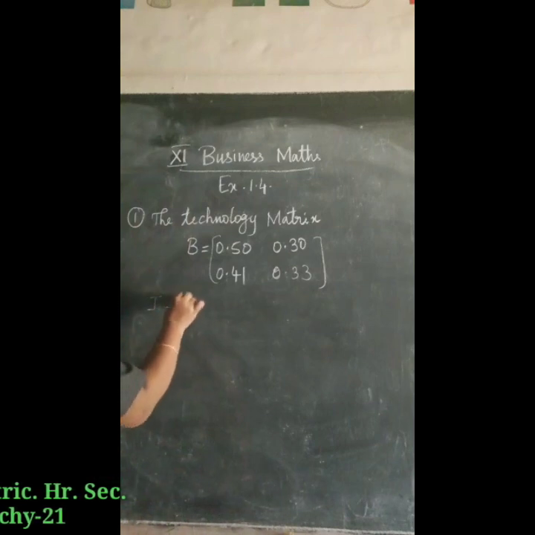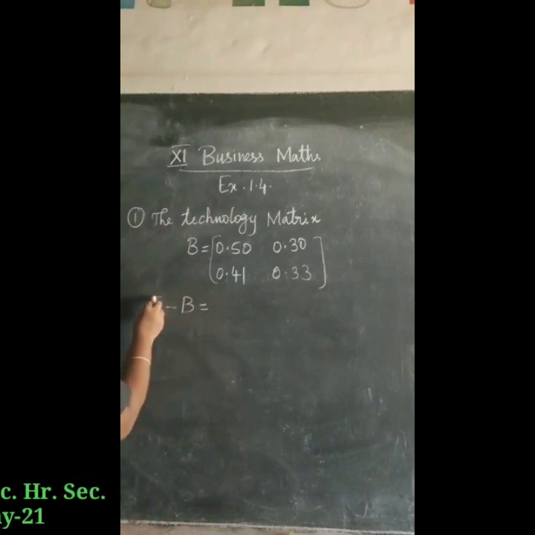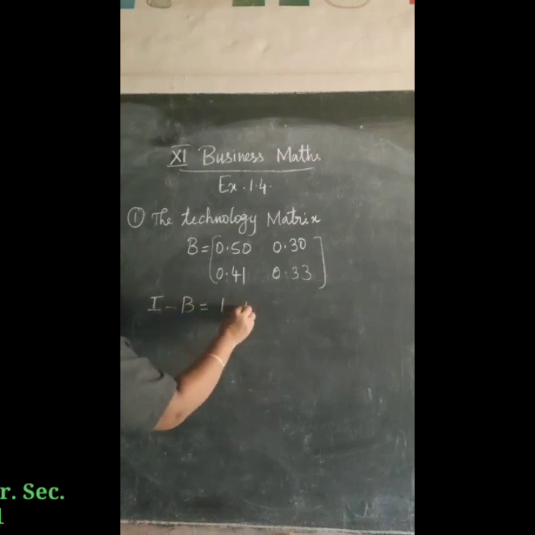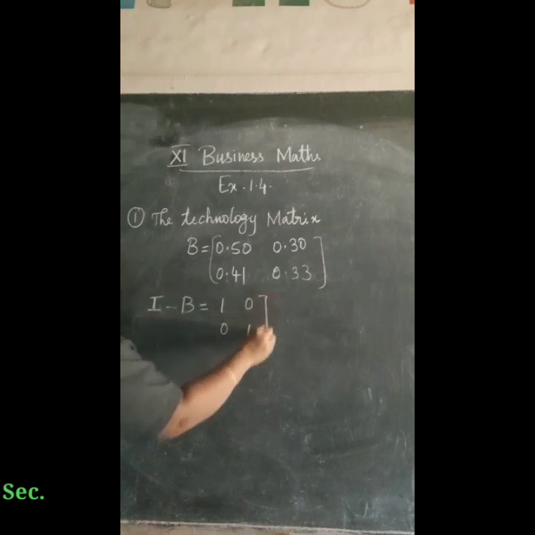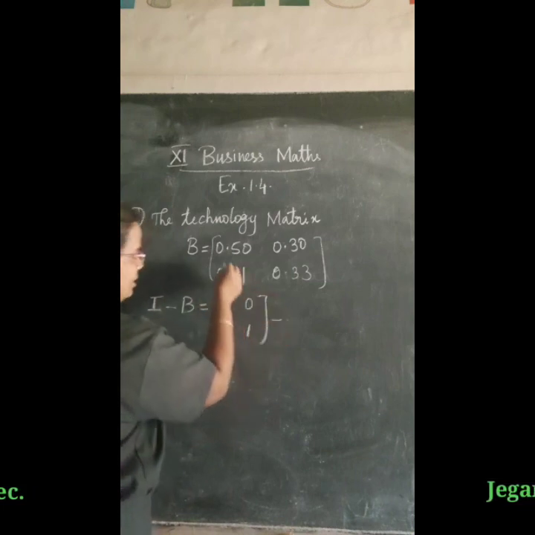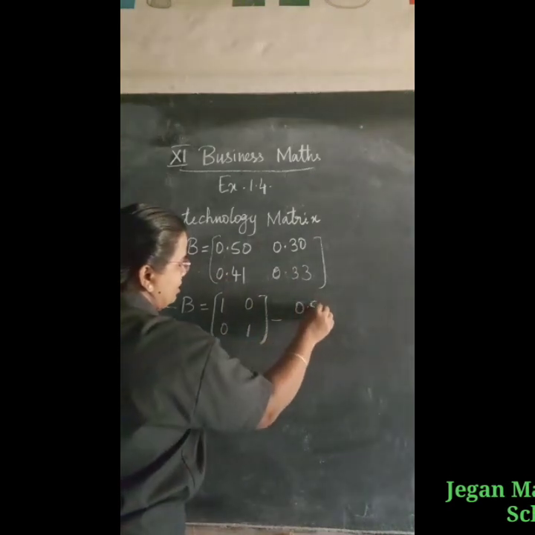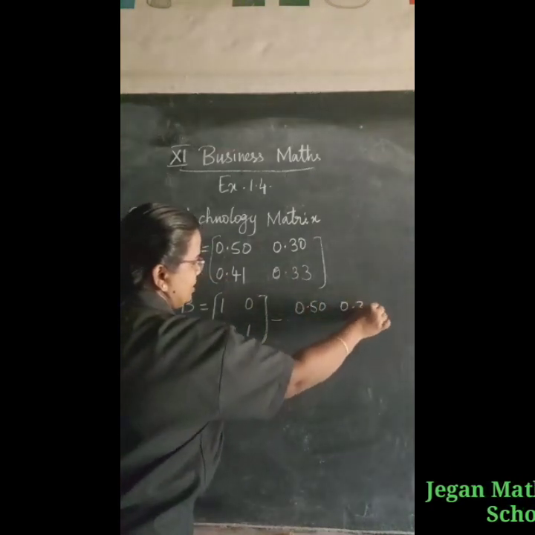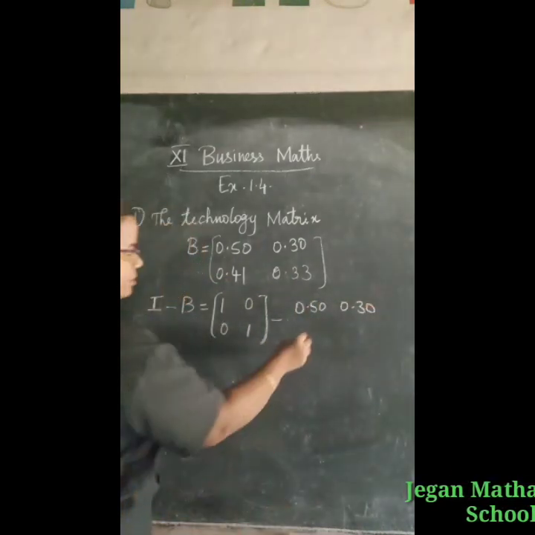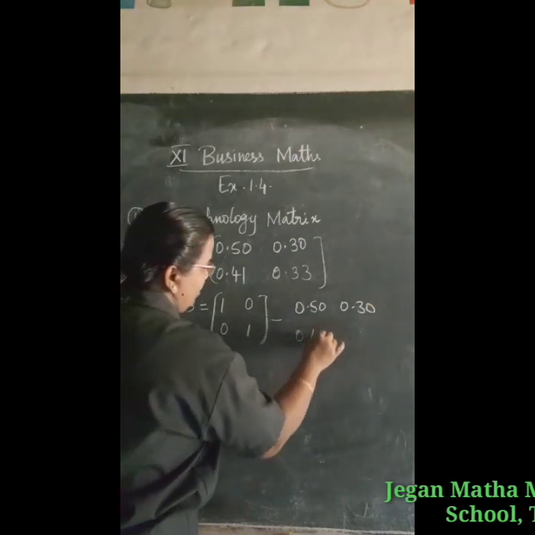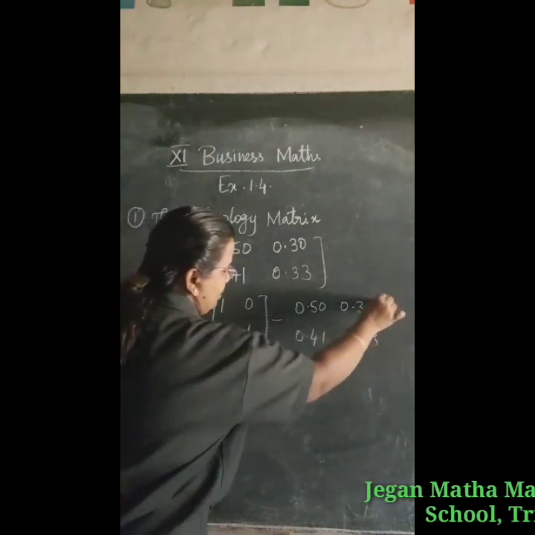What is I minus B? I minus B is equal to the identity matrix 1 0 0 1, subtracted by the technology matrix given in the question: 0.50, 0.30, 0.41, 0.33.